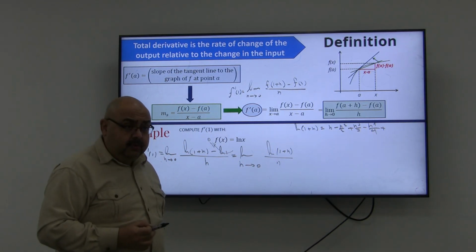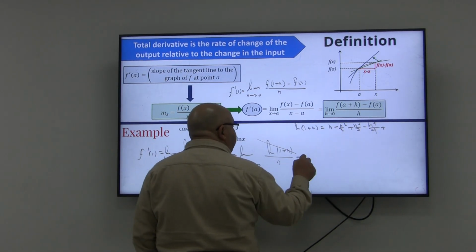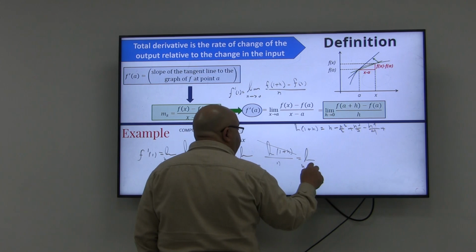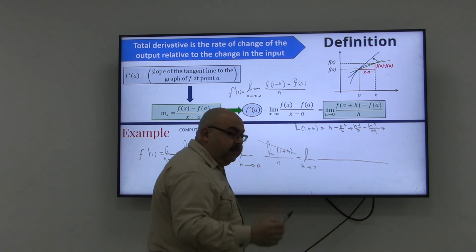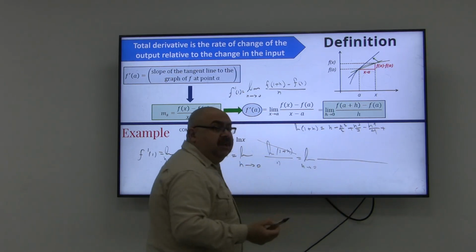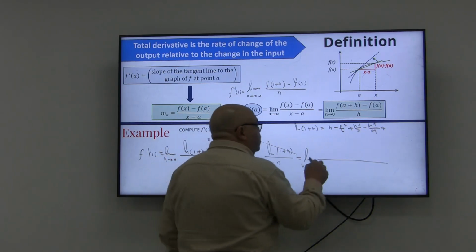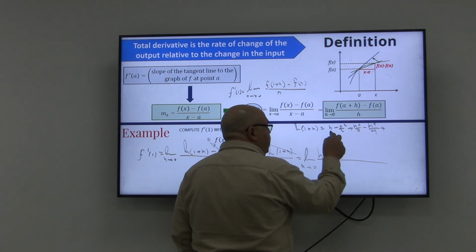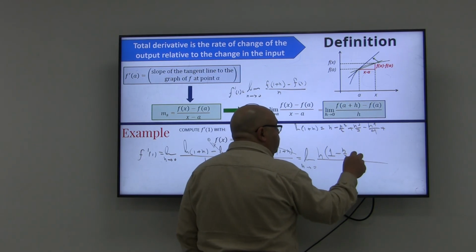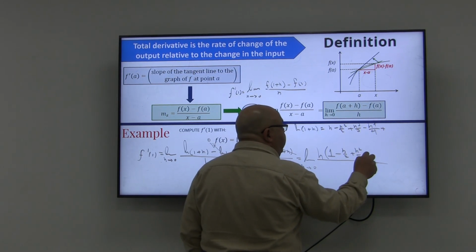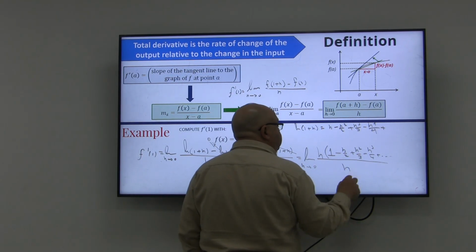So all I have to do is just to replace this guy by this value. So it's going to be a limit as h tends to 0, and start substituting. If you remark, all these terms contain h, so I can take h as a common. Am I right? If you take h as a common, you will have from the first term 1 minus h over 2, then h squared over 3, minus h cubed over 4, and so on, divided by h.